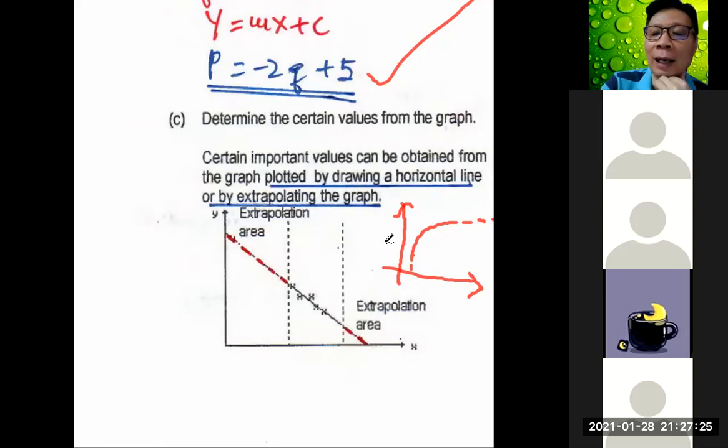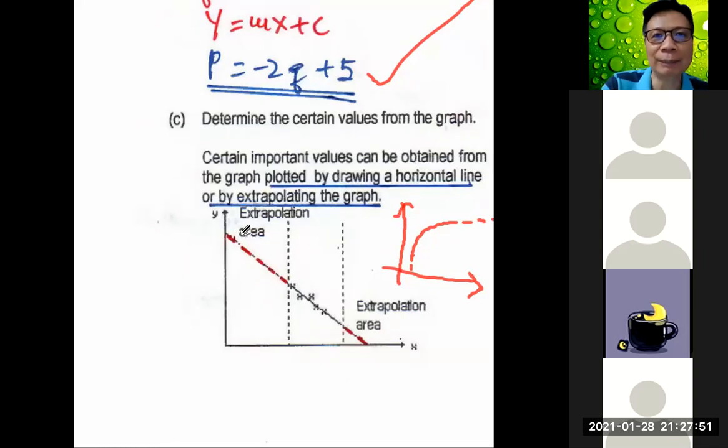Now I want to ask another question. What is the purpose of extending the graph? For fun? You have nothing to do? Now you must know why we need to do extrapolation. The purpose is to extend the graph to find certain values beyond your graph.